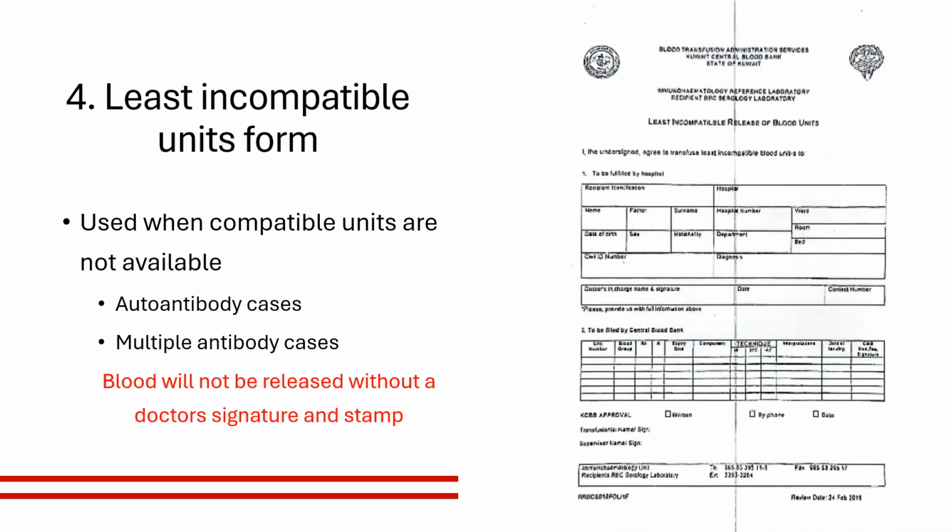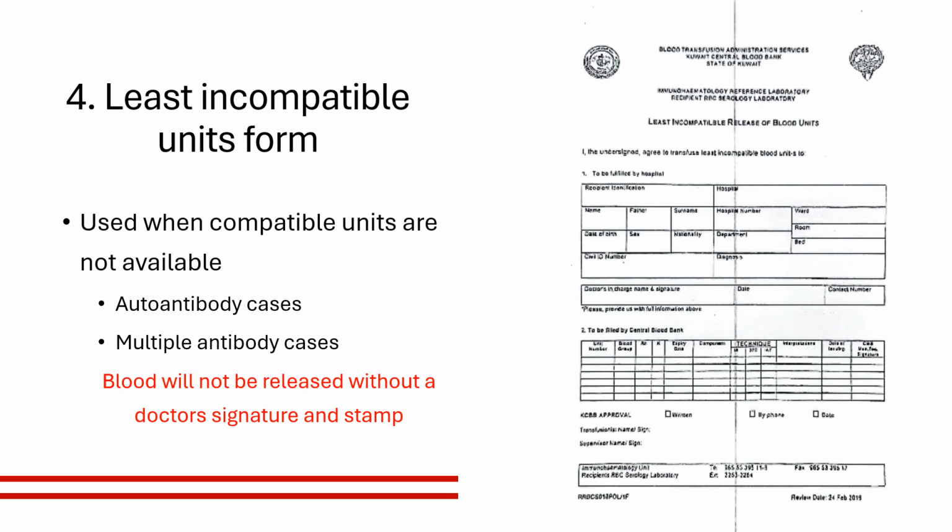And then we have the least incompatible units. Now, a lot of nurses will go through their entire careers without seeing this form once. It's not used very, very often. It is used when we cannot find any compatible units for the patient.